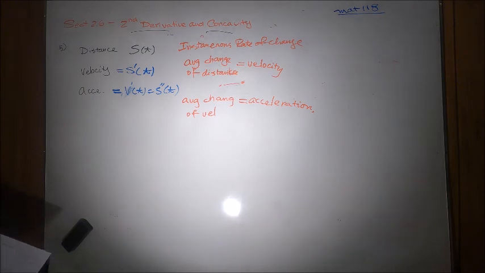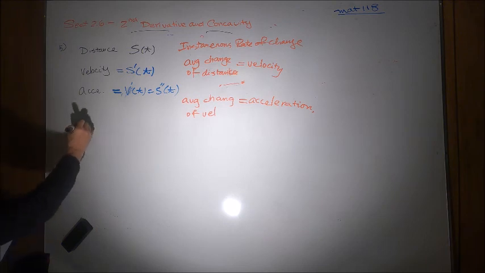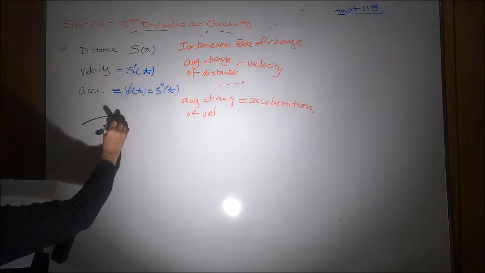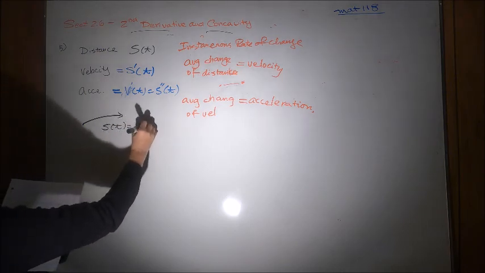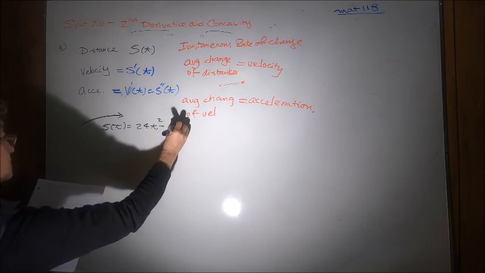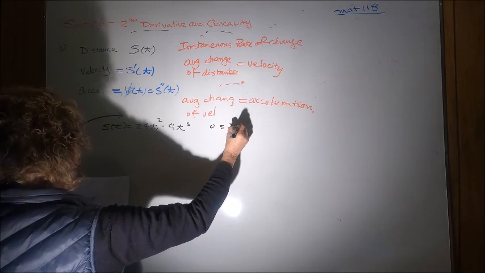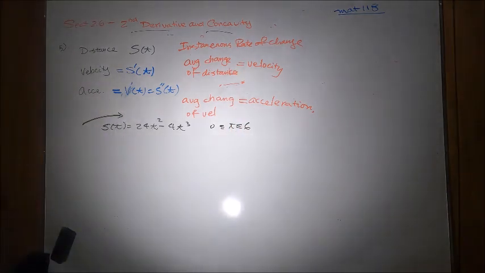Okay, so here it says, finding and interpreting velocity and accelerations. A delivery truck is driving along a straight road, and after t hours, its distance in miles east of its starting point, so from here, go there, is described by this function, where t is between 0 and 6.